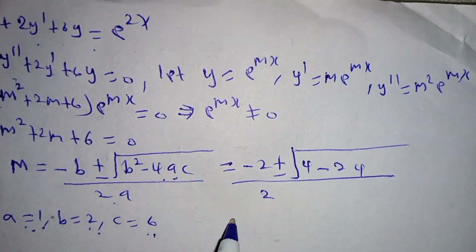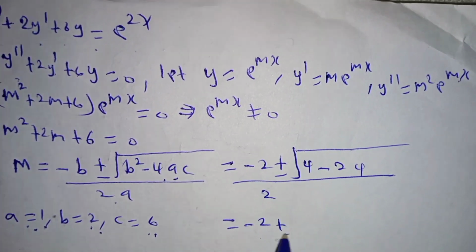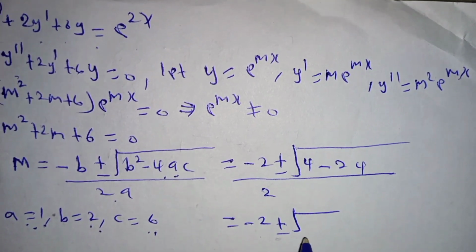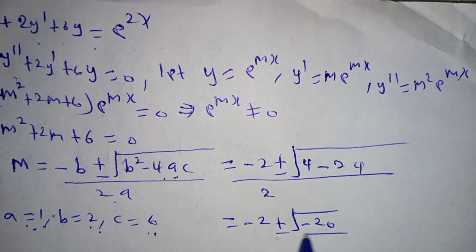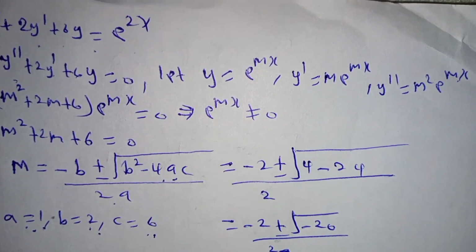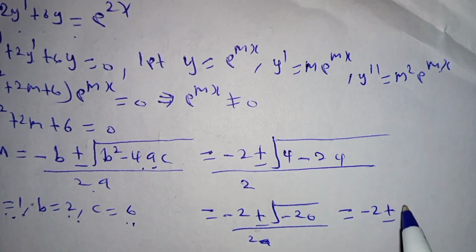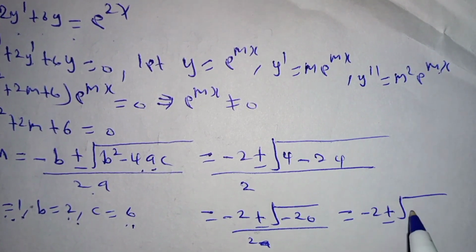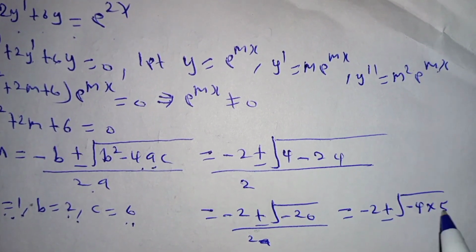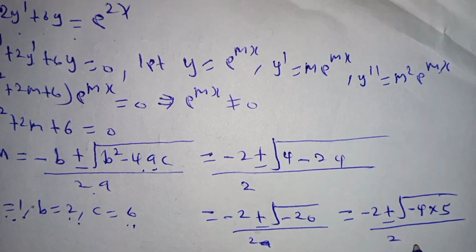That is equal to negative 2 plus or minus root of negative 20, over 2. This can be written as minus 2 plus or minus square root of negative 4 times 5, divided by 2.